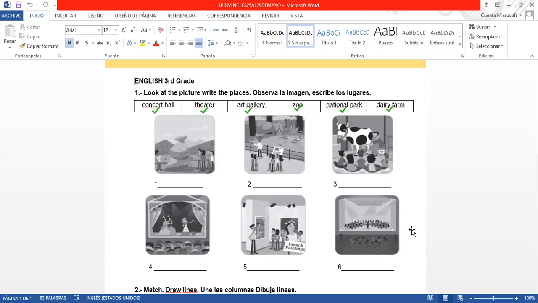But that's not the only thing we're going to look for. We're also going to look for a band, some sort of musical group, which is what we have in number 6. So that's where we're going to write concert hall.